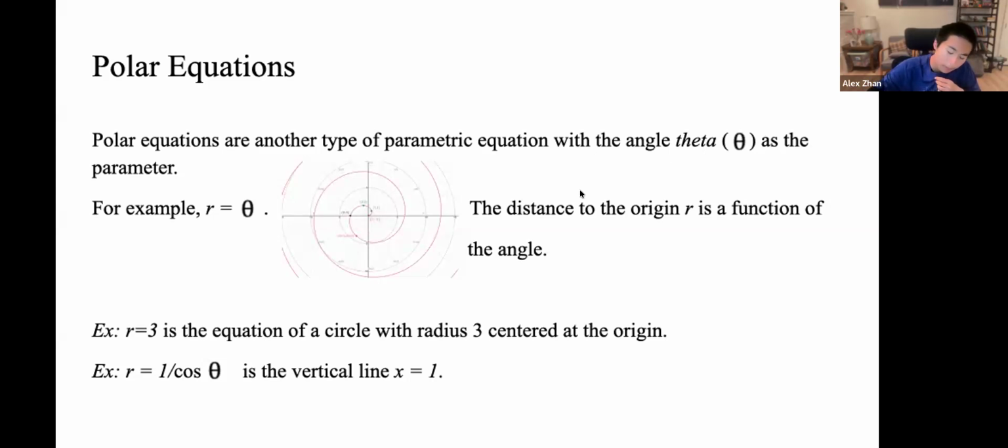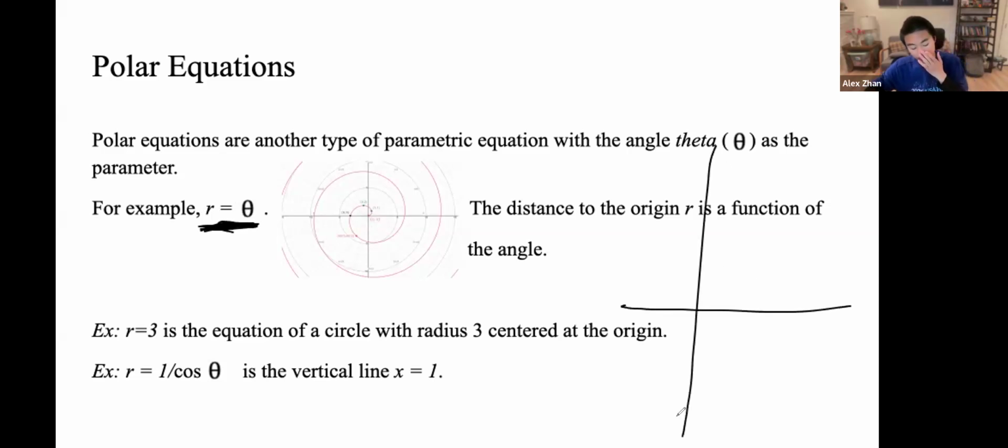Polar equations are usually a relationship between the radius r and the angle theta, and they consist of all points that satisfy this particular relationship. For instance, if we think about the relationship r equals theta, and we start from r equals 0, theta equals 0, then as theta increases you're turning counterclockwise.